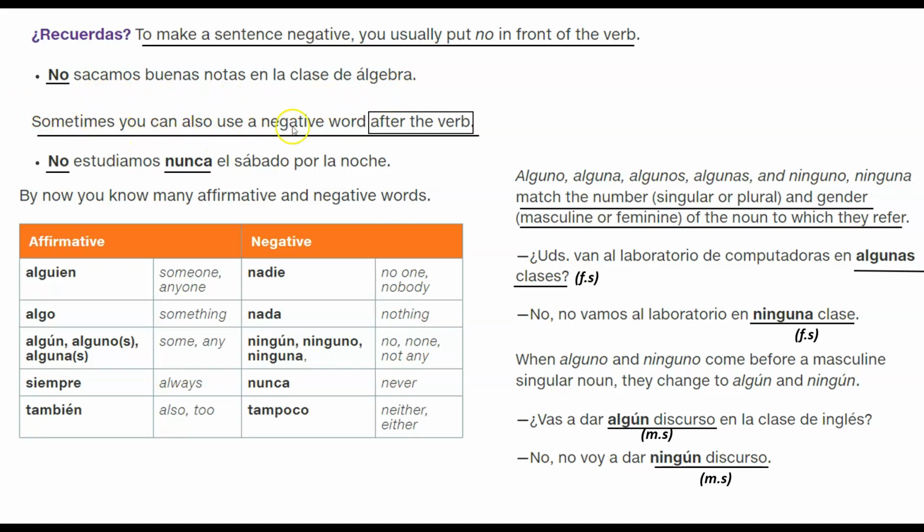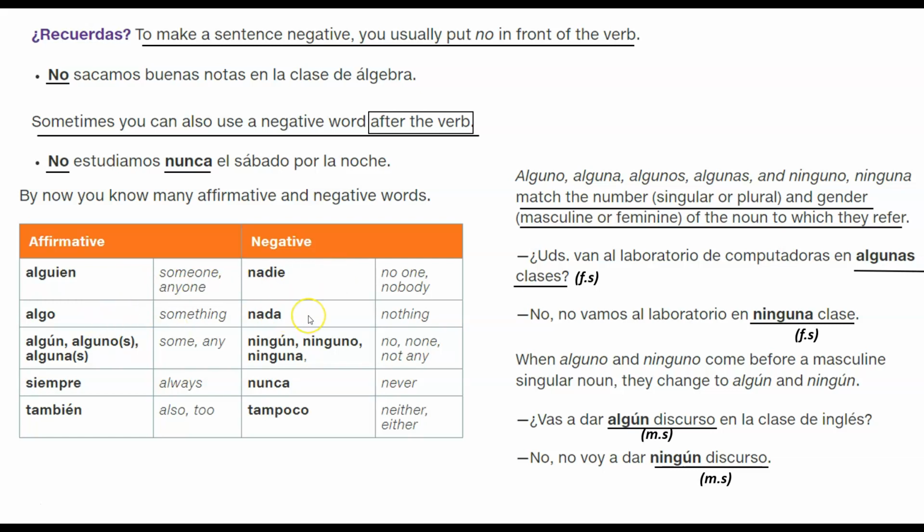Sometimes you can also use a negative word after the verb, like this. No estudiamos nunca el sábado por la noche. We never study, never, on Saturday nights. So by now you know many affirmative and negative words. So positive, negative, and their opposites. Alguien, somebody, anybody. Nadie, no one, nobody.